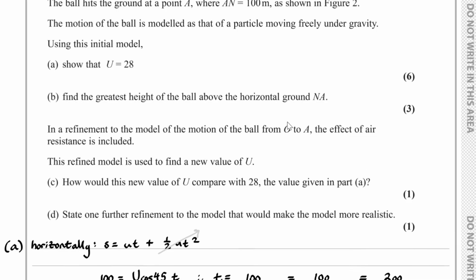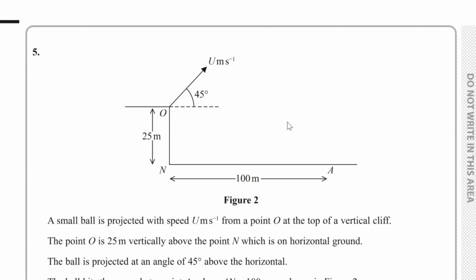So if I attempt to draw the motion of what I'm talking about, we've got something looking like this. I'll draw this a bit neater actually. We've got something like this. This is our projectile motion, and here is where we'd have the greatest height, and here the velocity is equal to 0.